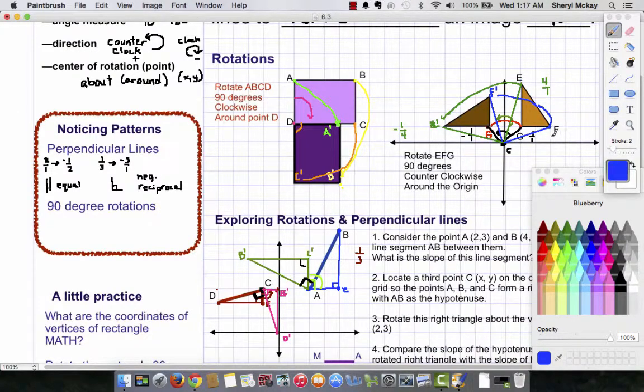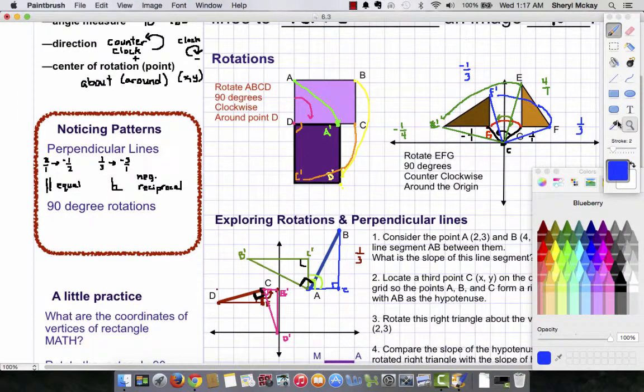You go ahead and tell me what the slope is from C to F. What's the slope? 1 over 3, correct. And what's the slope from center to F prime?